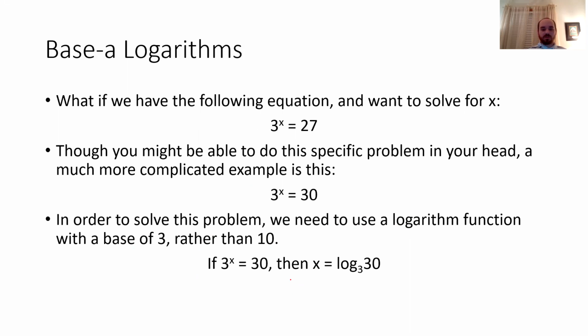So in this case, what we do is we take the log base 3 of both sides of this equation. So basically what we're saying is log base 3 of 3 to the x equals log base 3 of 30.